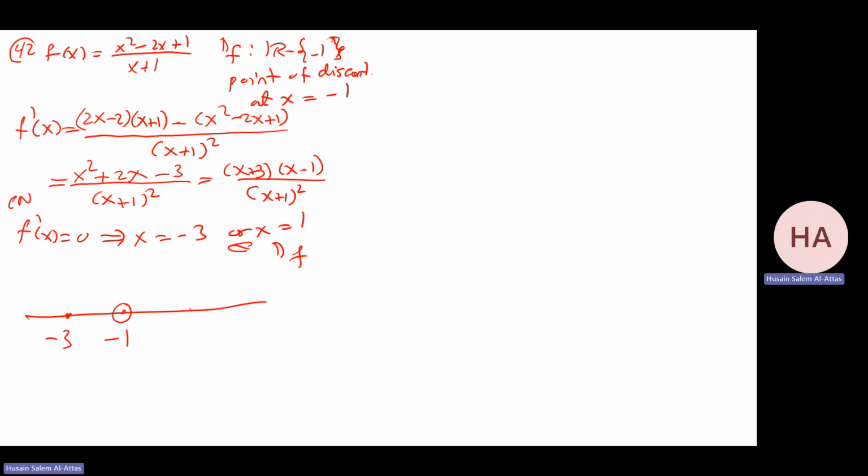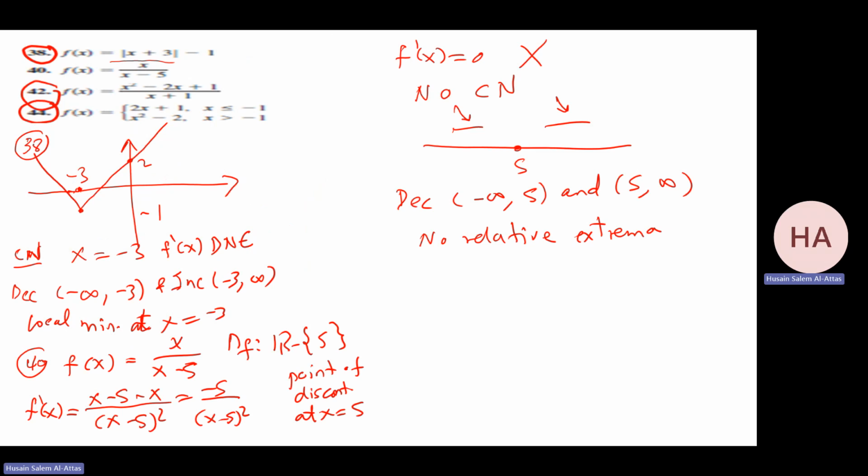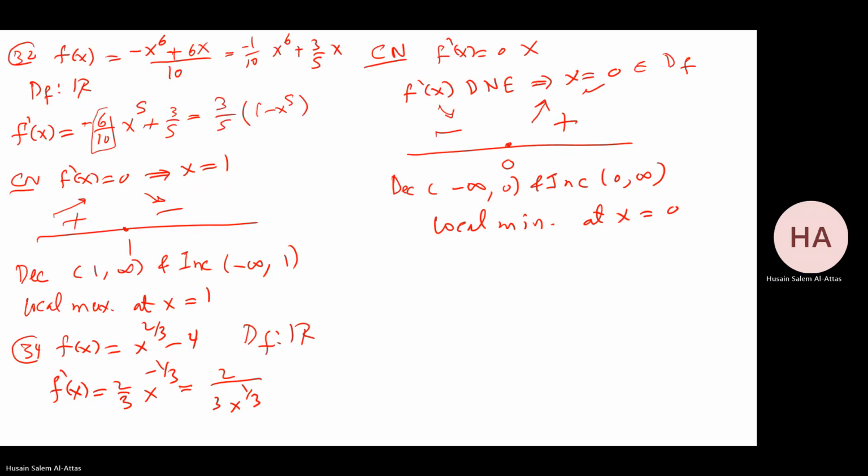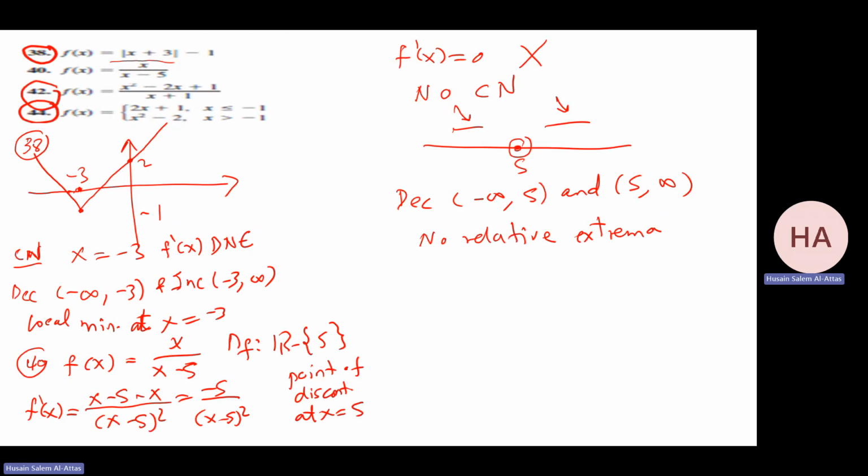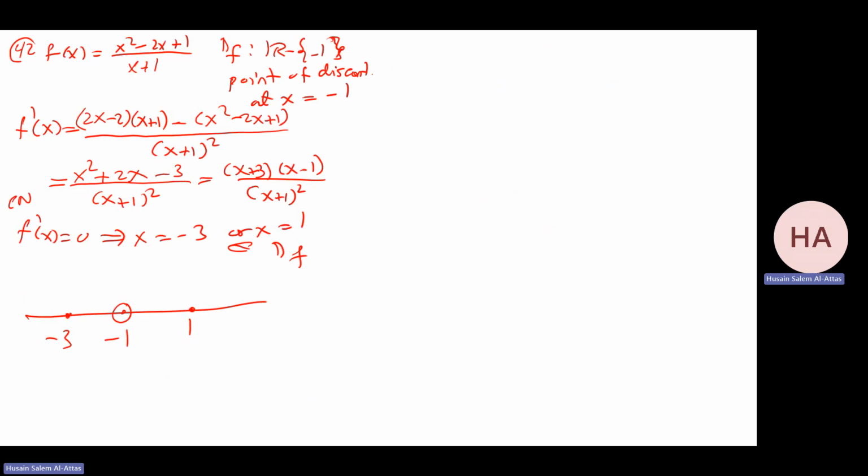And I have 1. Oh, by the way, when I have a point of discontinuity, I need to put this as an open interval. Don't forget this. No, this is okay, it's not the point of discontinuity. When you have a point of discontinuity, I need to make it open to be sure we get it right. Okay.